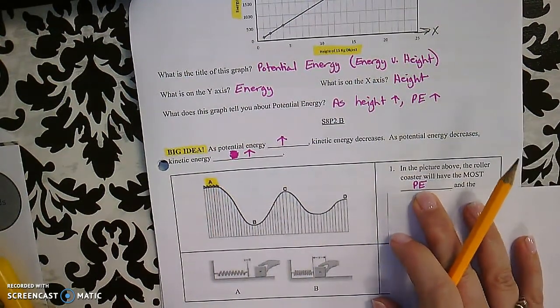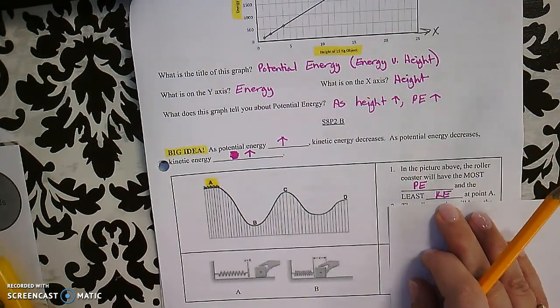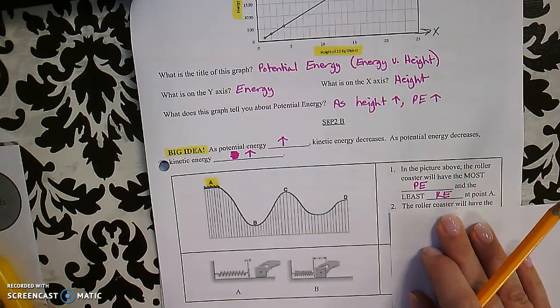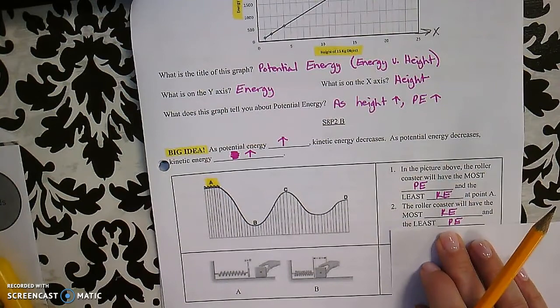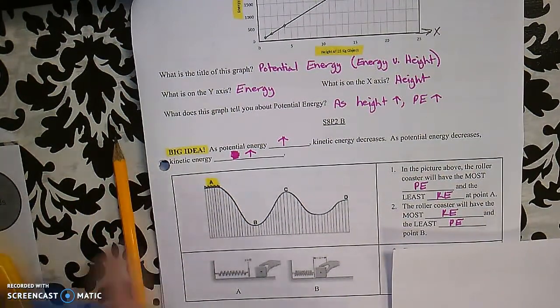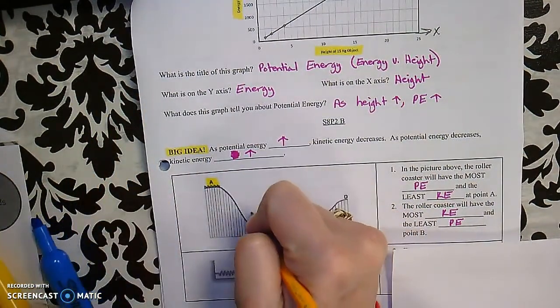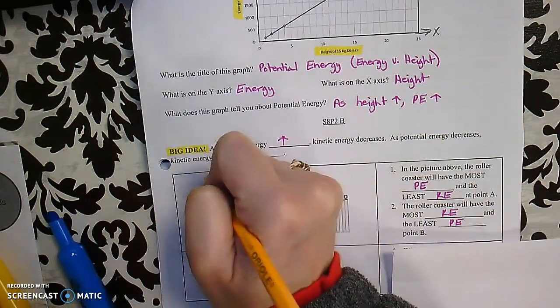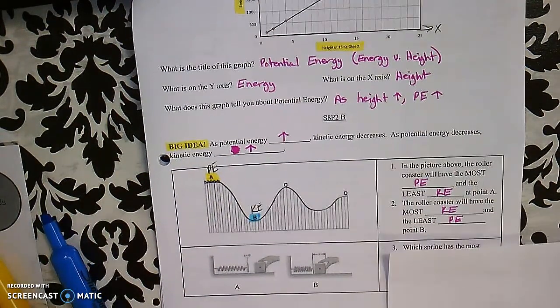If our potential energy is maxed out at that point, then we're going to have the least amount of kinetic energy. The roller coaster will have the most kinetic energy and the least potential energy at point B. So this is where we have the most KE, and this is where we have the most PE. So label that in your picture.